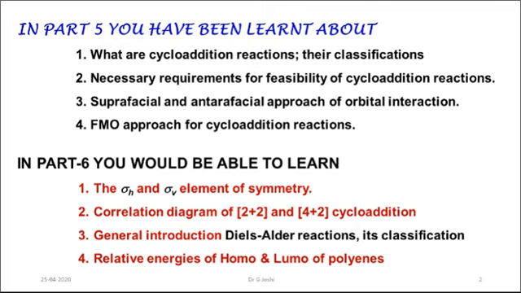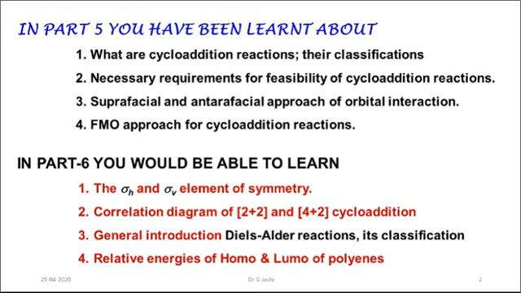However, in this section, we will be discussing the sigma H and sigma V elements of symmetry, and the correlation diagram for 2 plus 2 and 4 plus 2 cycloaddition. A general introduction to the Diels-Alder reaction and its classification will be part of this session.